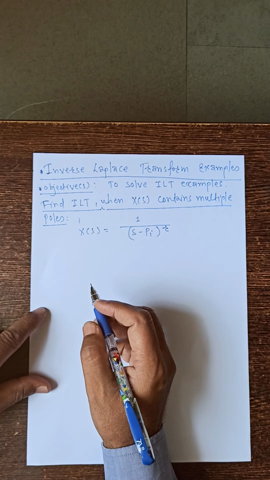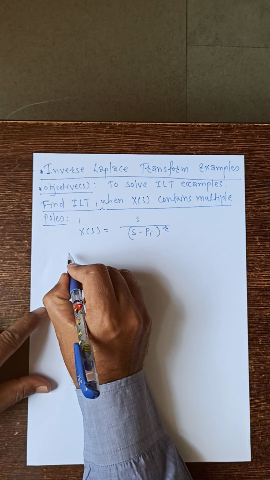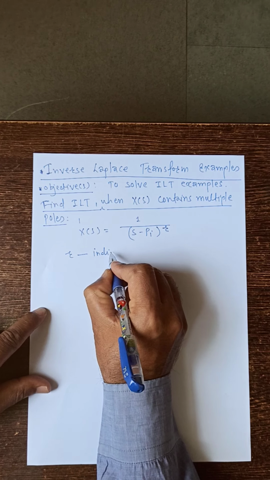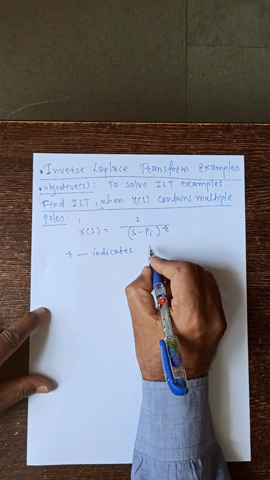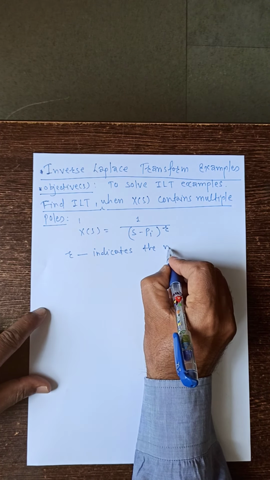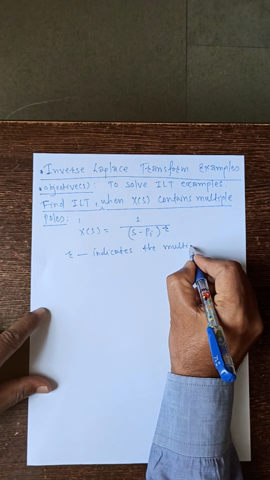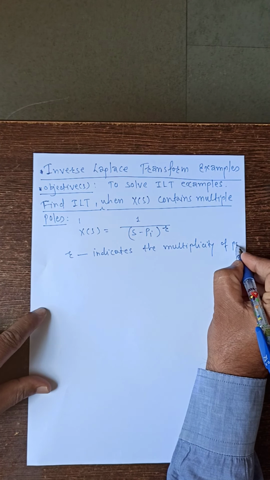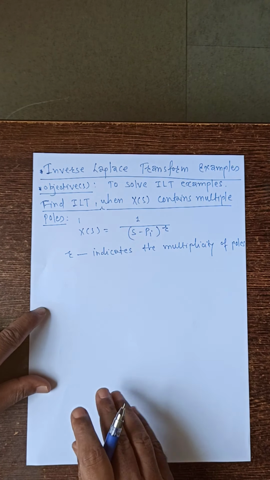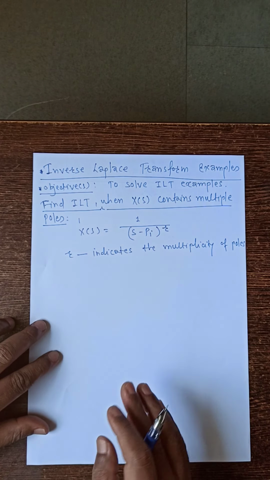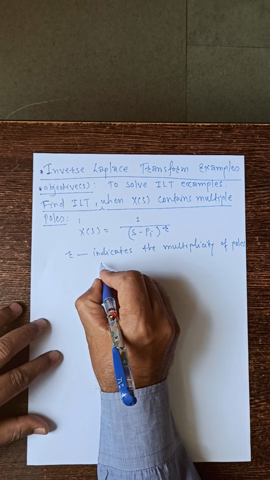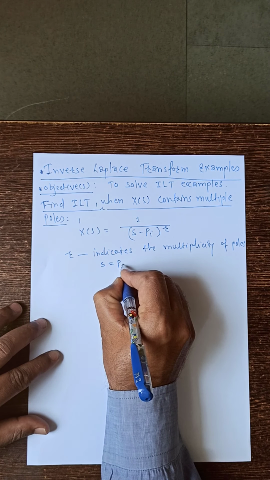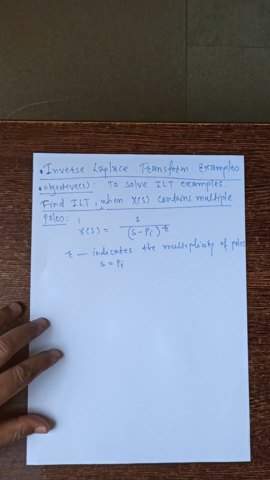So r indicates the multiplicity of poles. The value of r indicates the multiplicity of the pole, and the poles are located at s equals pi.